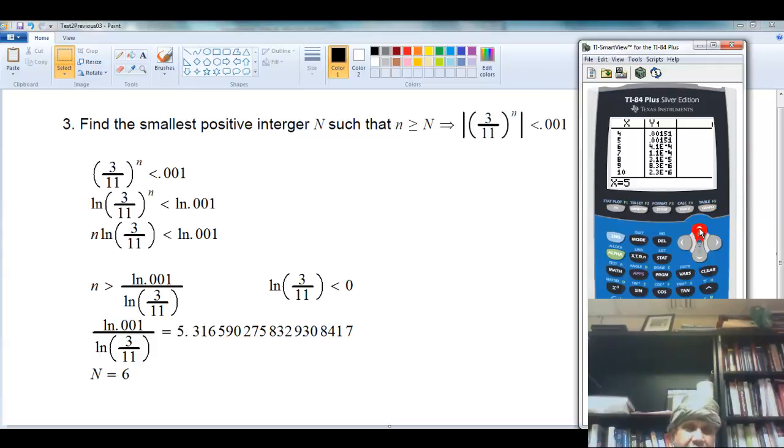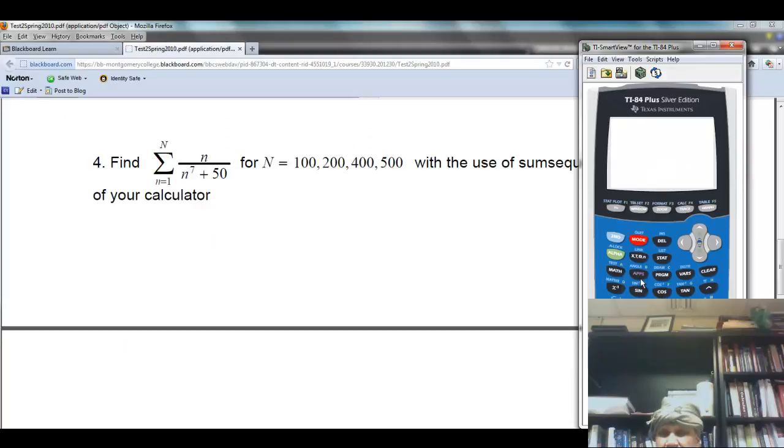So let me first put this analytical thing up here. The answer is n equals 6. Now let me show you how you can do it in your calculator. I'll erase this, and we have 3/11 to the power x.